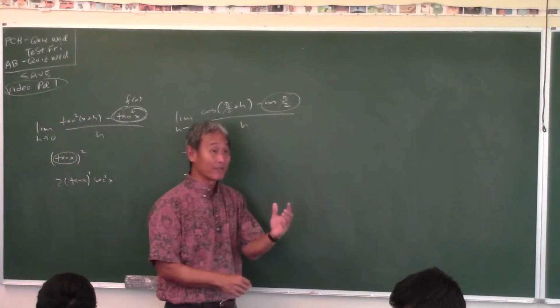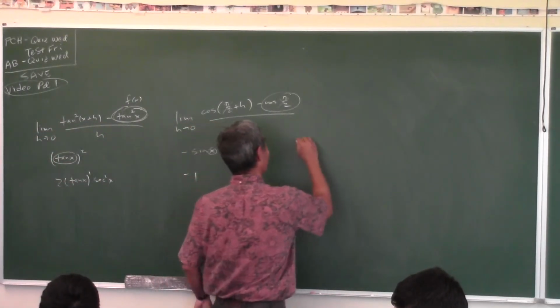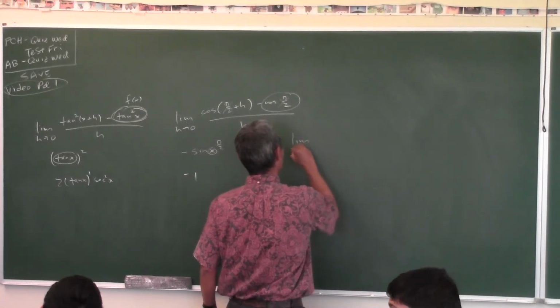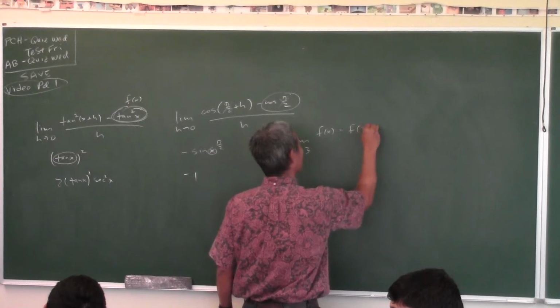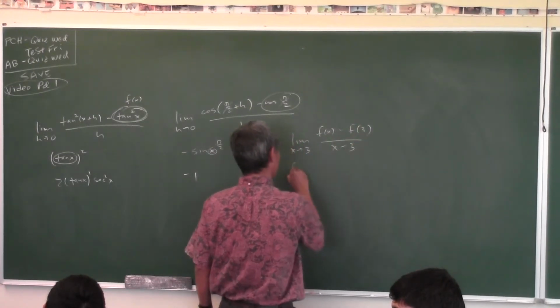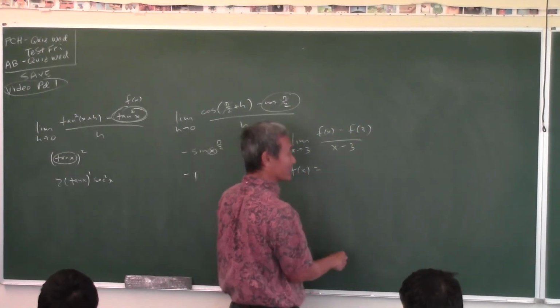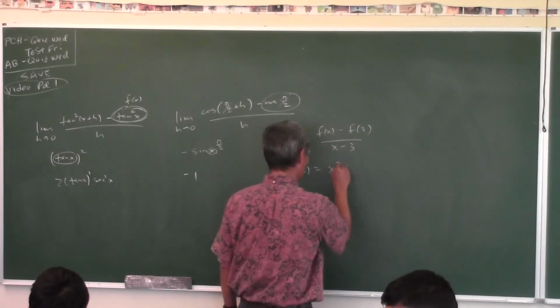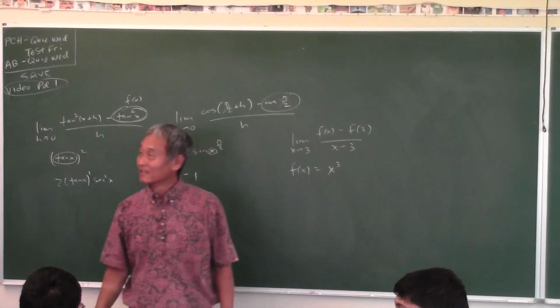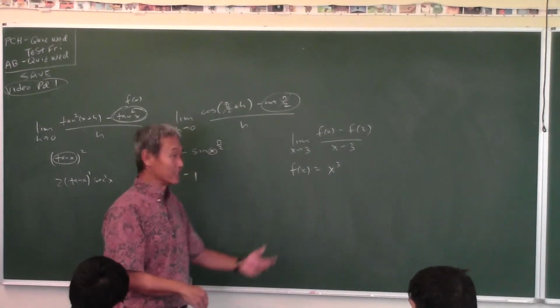What's the limit as x approaches 3 of f of x minus f of 3, all over x minus 3, if the function is, give me a function. X to the third. Okay, let's do x to the third. Oh yeah, it's x to the fifth, so this one's easier.